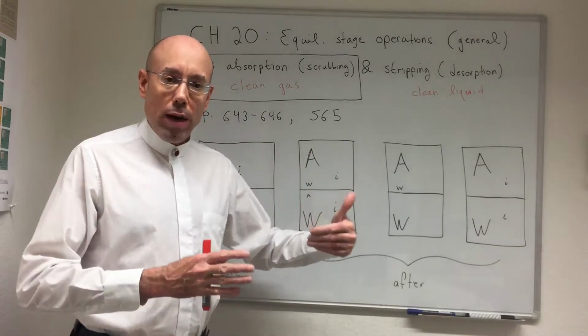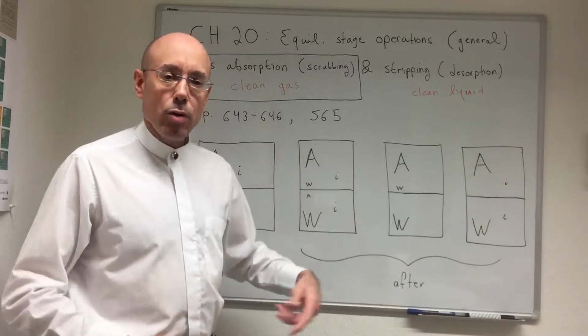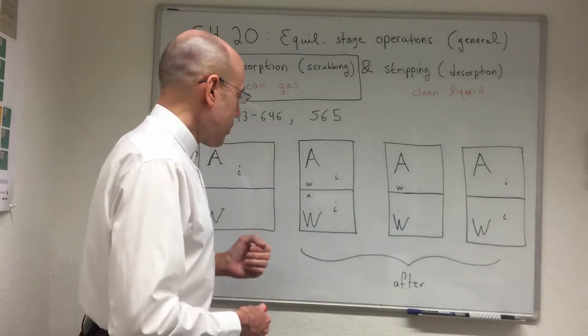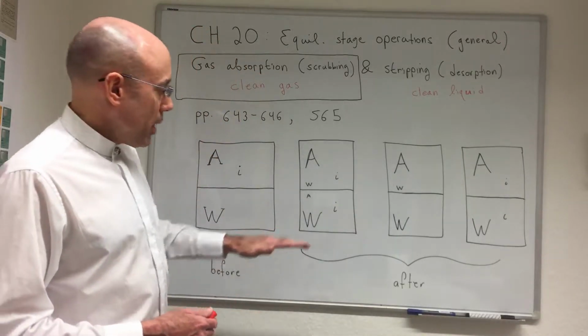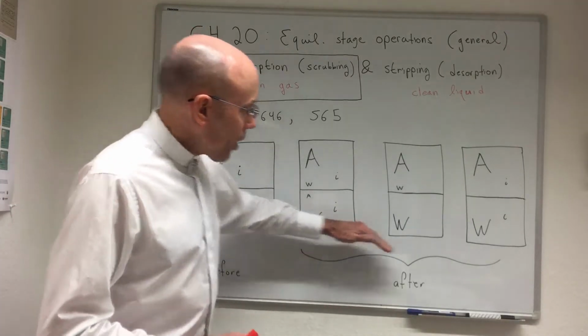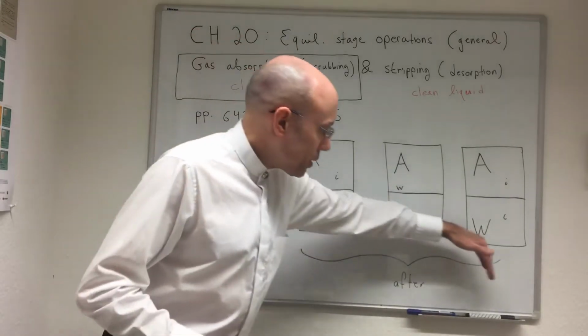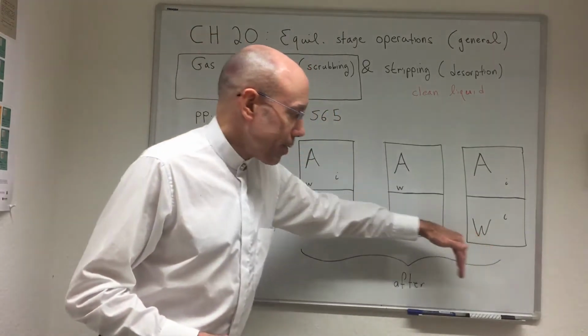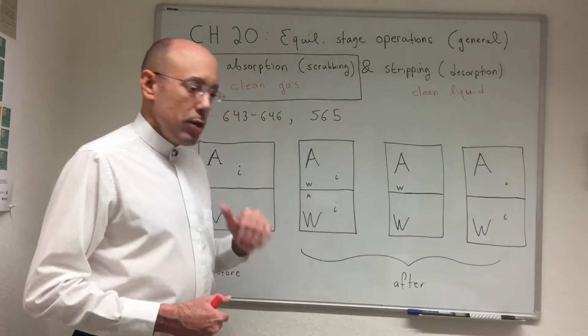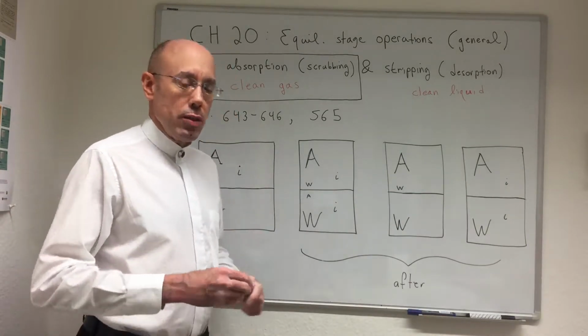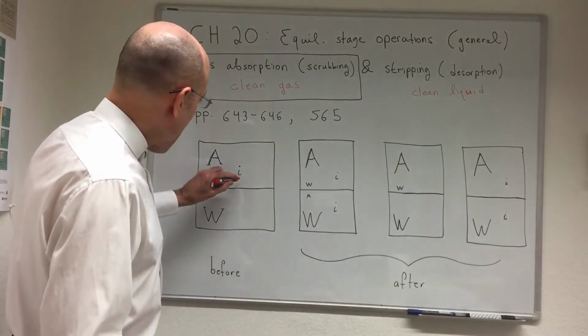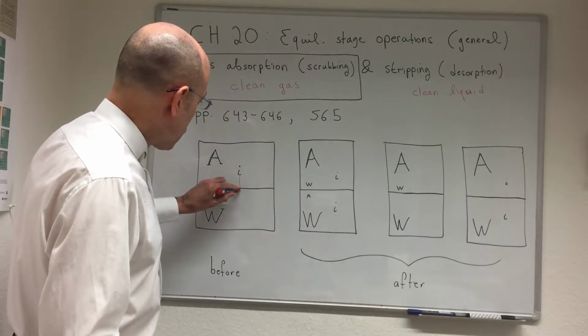So what's the after picture? After you let it sit for a while, it comes to equilibrium. It settles down to be the way it wants to be. What's the state afterwards? I've got three versions of the after picture here. When you think it through, what you want to achieve is that some of the ammonia dissolves in the water.